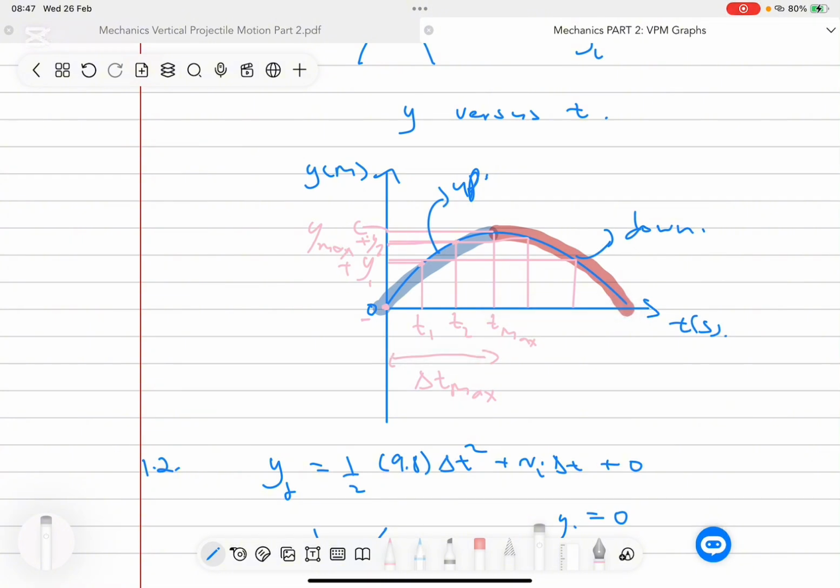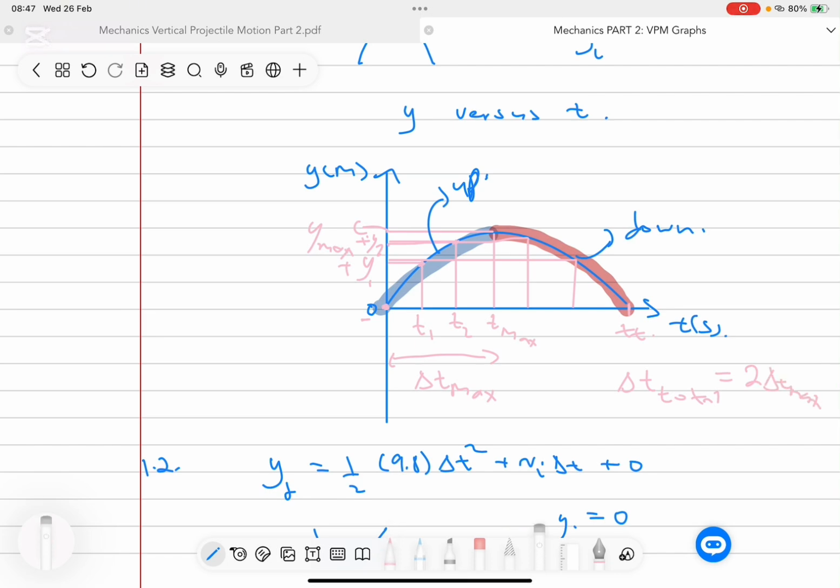In other words, this T max is also the same on this side here. We also have change in T max. Now, to get the total time, T total, the equation is going to be 2 times change in T max.